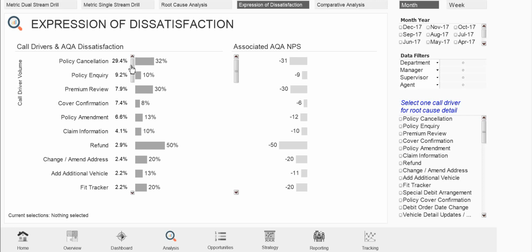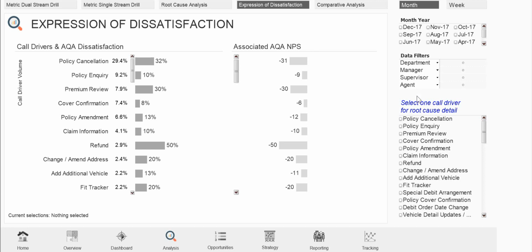Using the rating scale of 0 to 10 that is captured via the Insights Analyst, we can also derive the associated AQA NPS. Once you have identified which call drivers are creating the most dissatisfaction, you can then do further root cause analysis to understand those impacting factors.